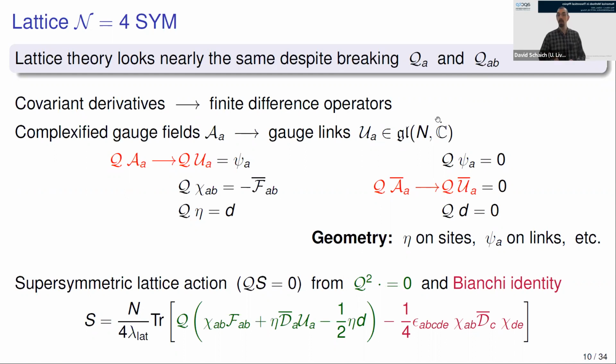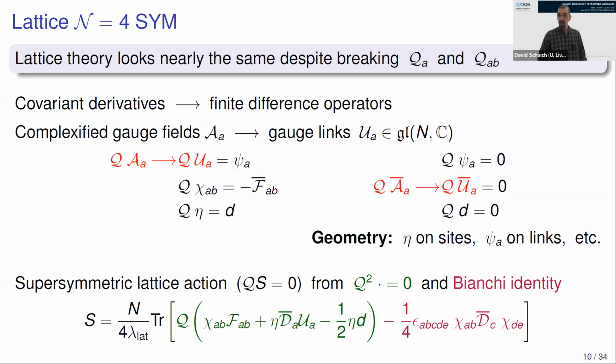I misspoke there. The gauge links remain in the algebra so that the supersymmetry relation between the gauge links and the fermion fields in the algebra continues to hold. And this is in contrast to QCD-like lattice analyses where the gauge links are placed in the group.